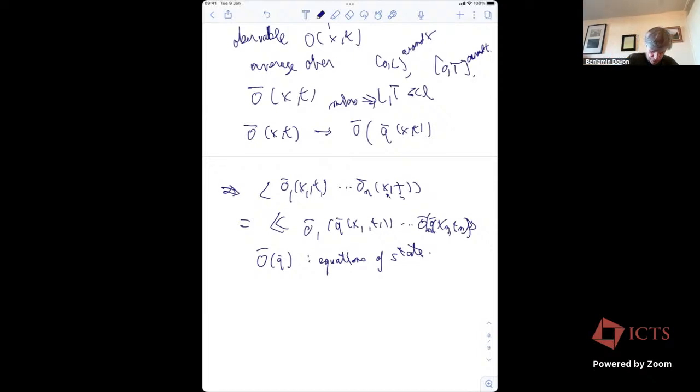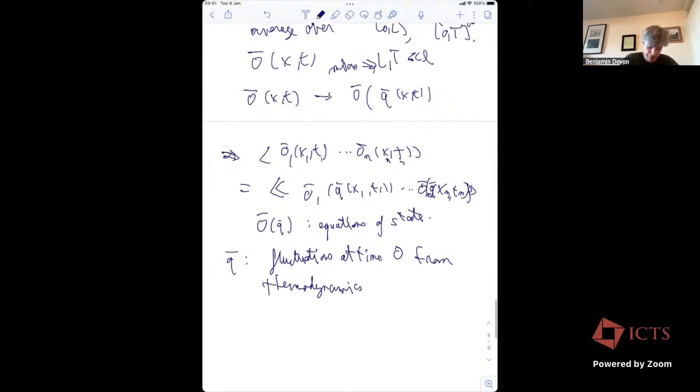So the Q bar, they have fluctuations at time 0 from thermodynamics, or from the initial state, right? Initial state thermodynamics. And then otherwise, they are evolved deterministically with the Euler equation.